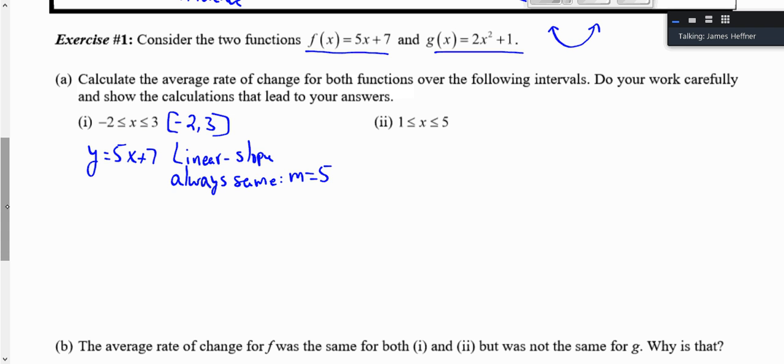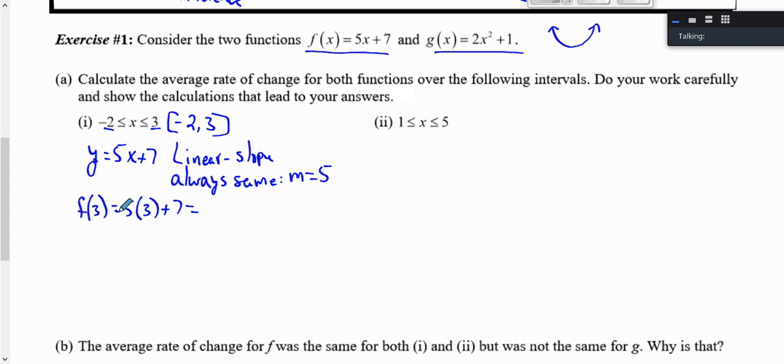So we have to find what y is when x is 3, and then find what y is when x is -2. So let's plug those in here. Let's do f of 3, which would be 5 times 3 plus 7. 5 times 3 is 15, plus 7 is 22.